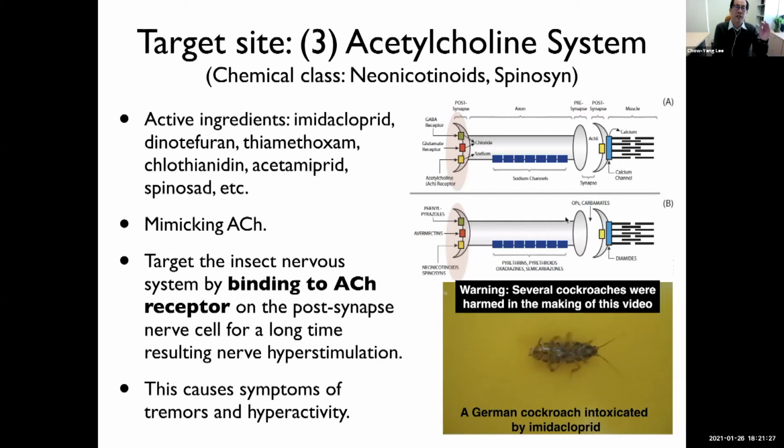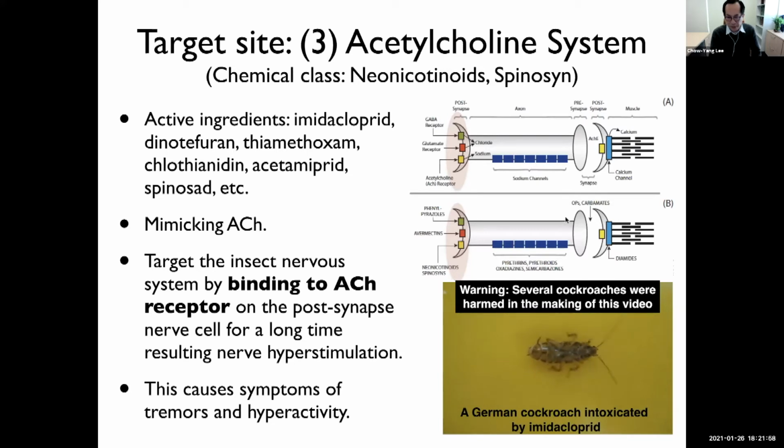Acetylcholine is a neurotransmitter that binds to the acetylcholine receptor, and neonicotinoids are also capable of binding to the acetylcholine receptor. Because they keep binding to the receptor, acetylcholine will not be able to remove the neonic from the receptor, causing continual impulses to be produced, and this causes tremor and hyperactivity.